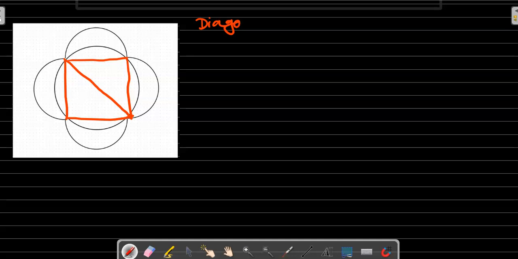So there was a square inside this circle like this. Now observe that the diagonal of the square is equal to diameter of the circle. So diagonal of the square equal to diameter of the circle.